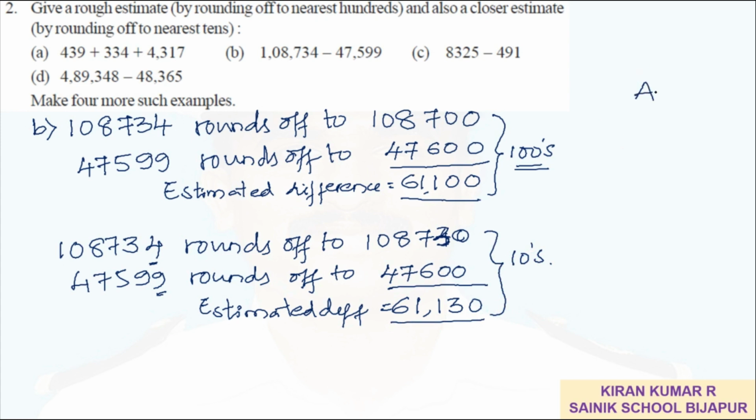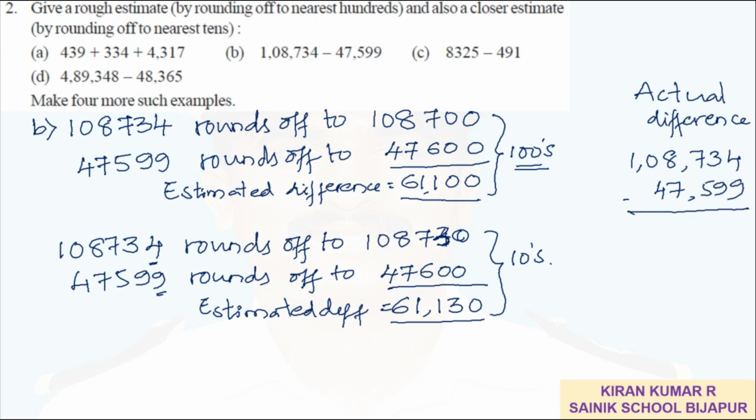Let me find the actual difference. Here the actual difference is 1,08,734 subtract 47,599 and the difference is 61,135. Look at these two, which one is a closer estimate?